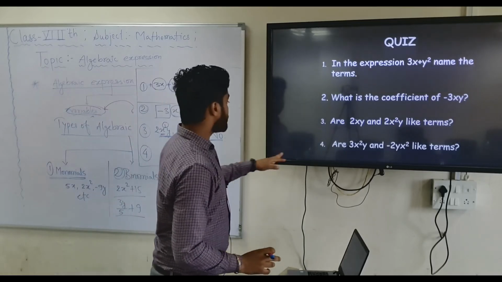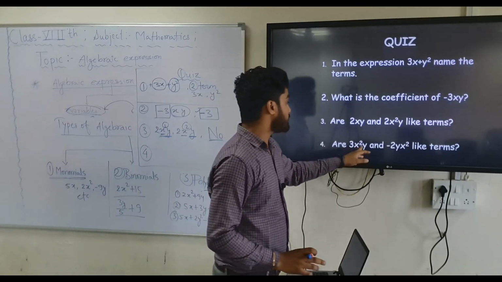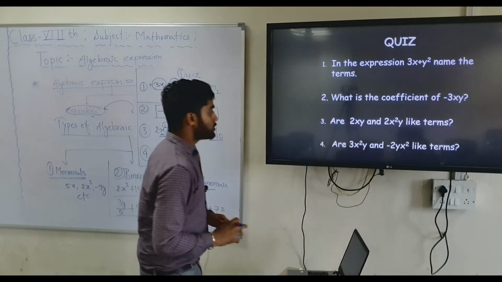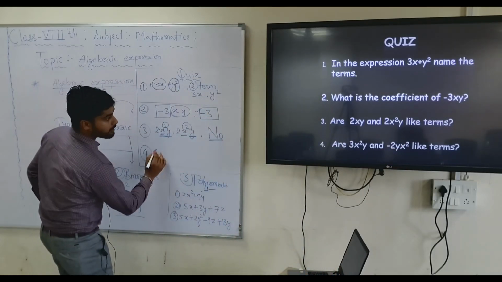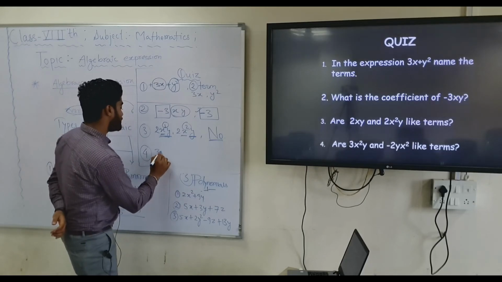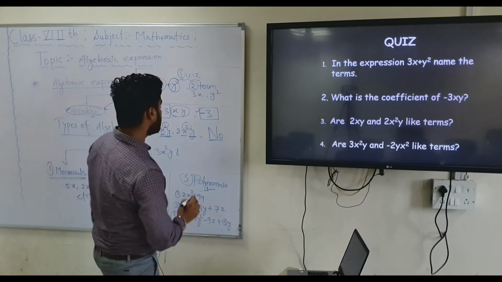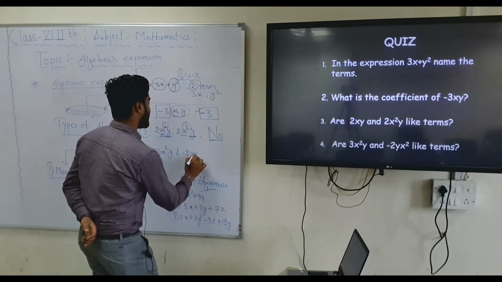Now question number 4: are 3x square y and minus 2yx square like terms? You have to check. The first is 3x square y and the second is minus 2yx square.